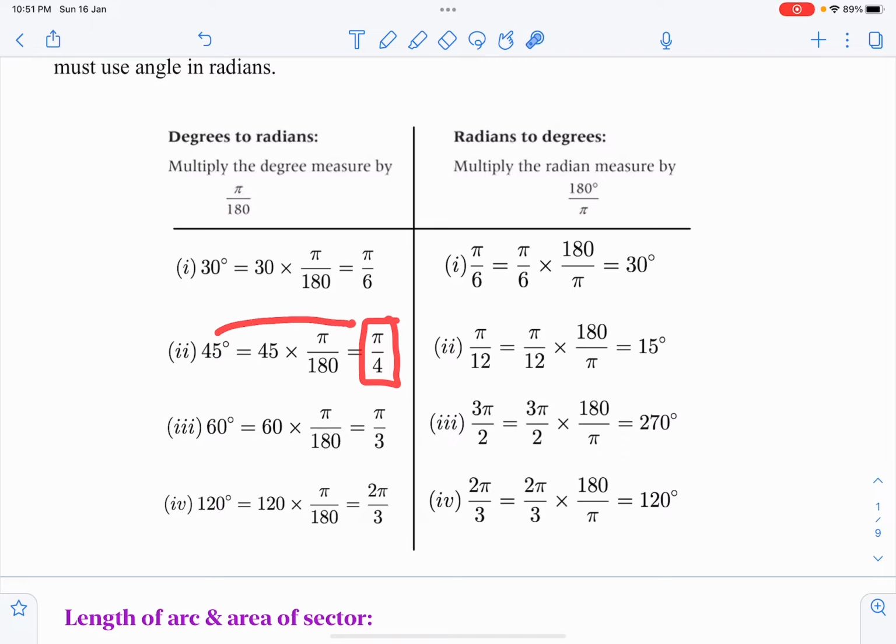Third example, 60 degrees: multiplied by pi over 180 gives pi by 3. Fourth example, 120 degrees: multiplied by pi over 180 gives 2 pi by 3. Like this, you can convert from degrees into radians.